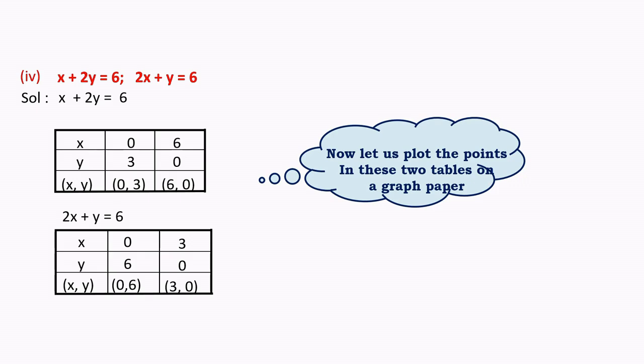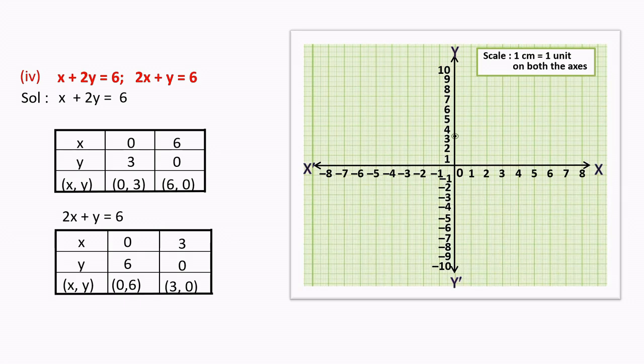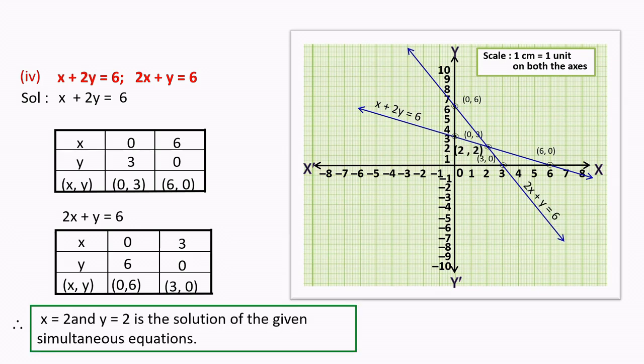Next, we plot all these points on the graph paper and draw the two straight lines. Observe the graph carefully. The two lines intersect at the point (2, 2). Therefore, the solution of the given pair of linear equations is x = 2 and y = 2. This point satisfies both equations.